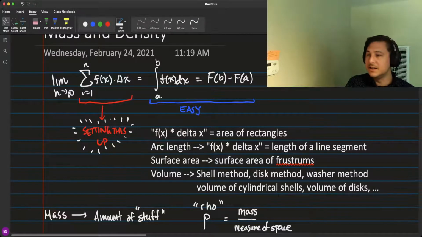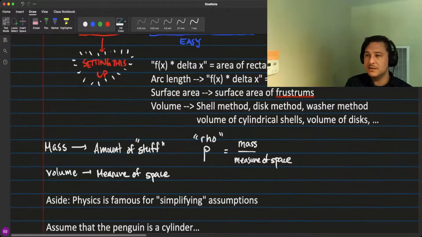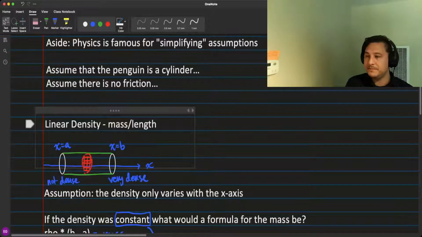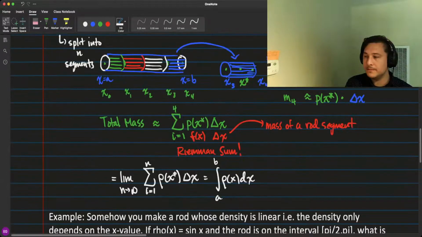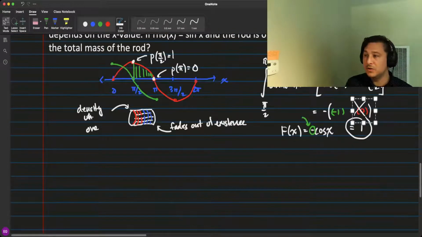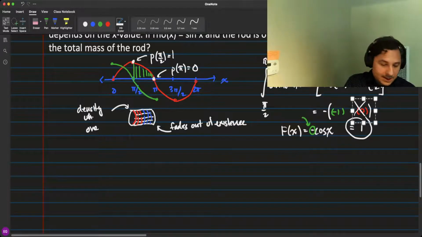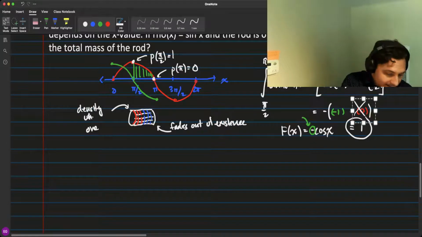The hard part is knowing where the numbers go and what the meaning of it all is. Okay, cool. Making sense so far? Okay, so we calculated mass with a linear density.